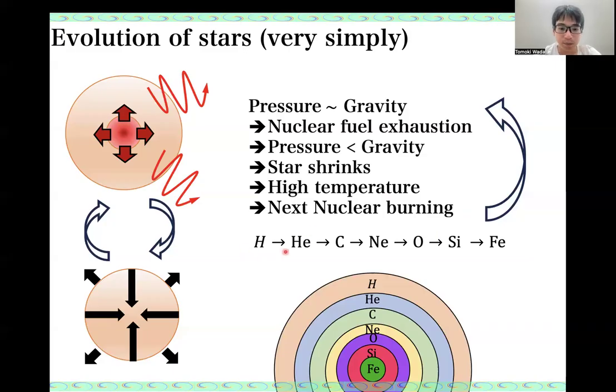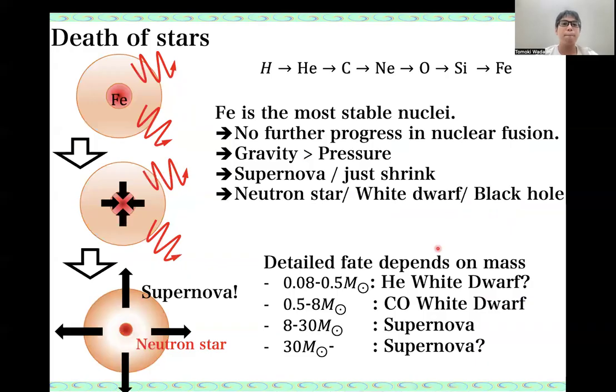These nuclei are burned. Then, when this cycle ends, from nuclear physics, we know that iron is the most stable nucleus and it cannot be the energy source for nuclear reactions. So after making iron, there is no further progress in nuclear fusion.